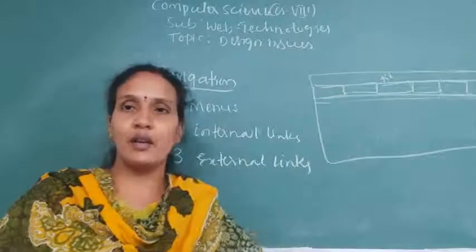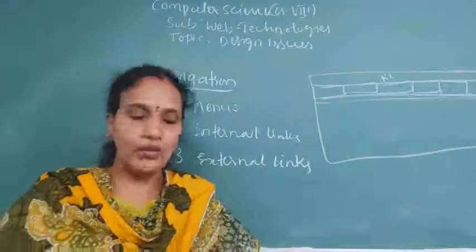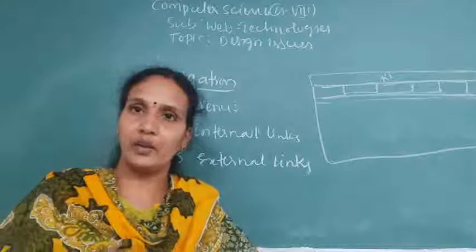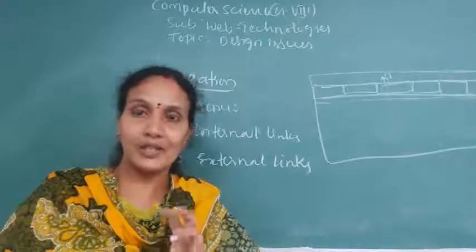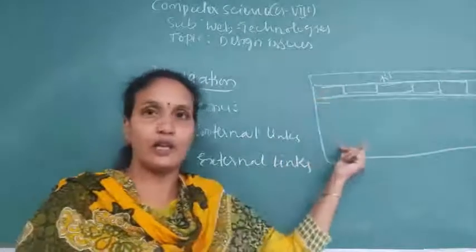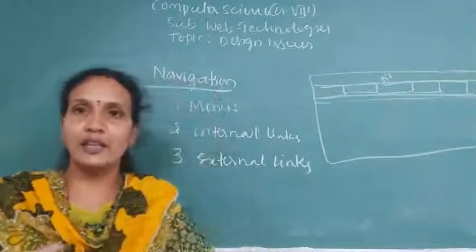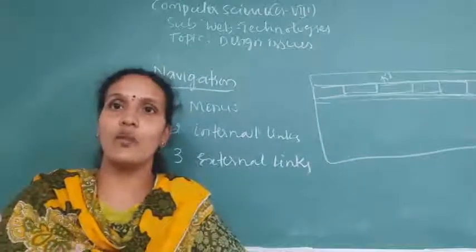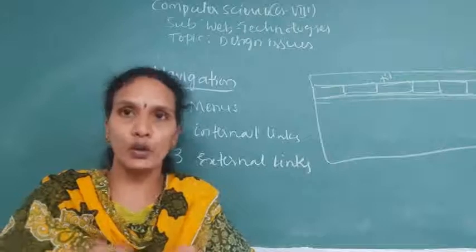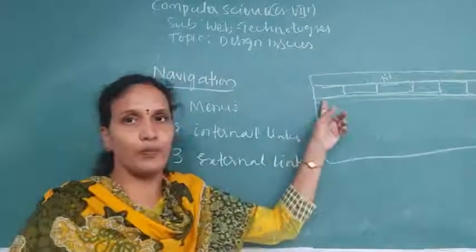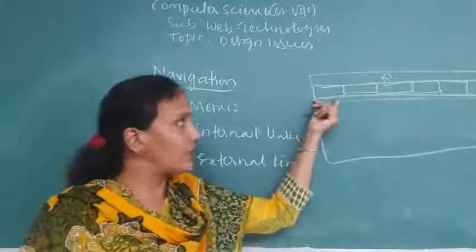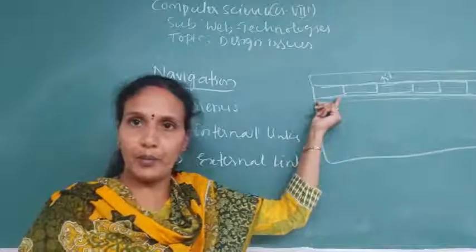For example, if you take a file menu: file save as, file close, file open, file print, such things are arranged in a single menu, right? Similarly, the labels which have a common nature should be grouped under a single label. So the first thing is that it should be labeled properly.